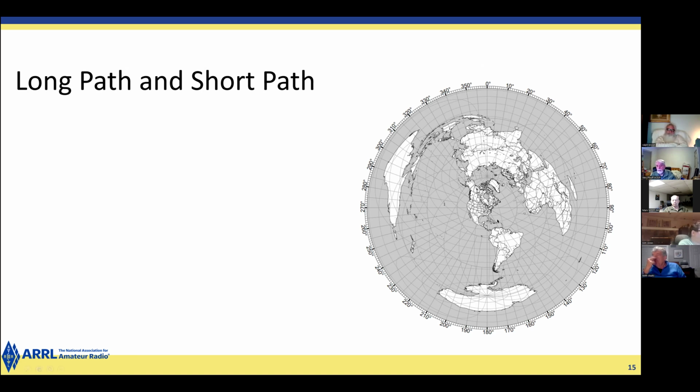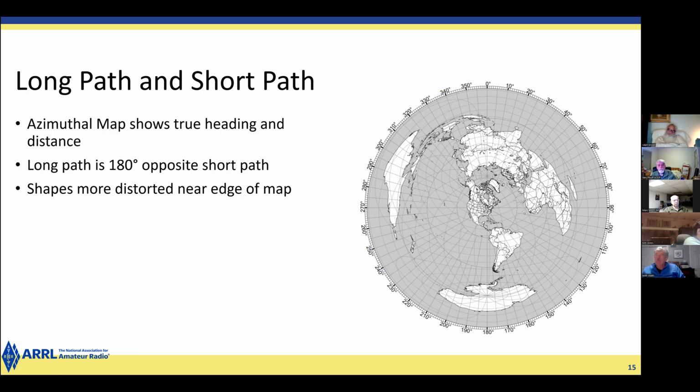At any rate, this is useful because if you have a directional antenna, the direction to another station might not be what you think, depending on where they are, because we tend to think of the direction to another place as what we see on a traditional map, where the continents are side by side and not arranged sort of in a circle around where we are.